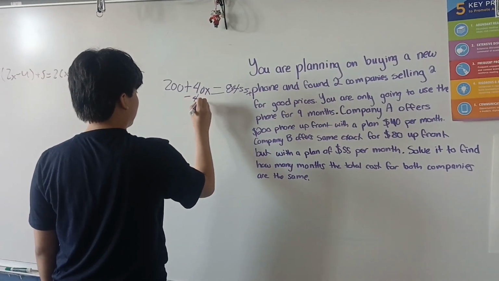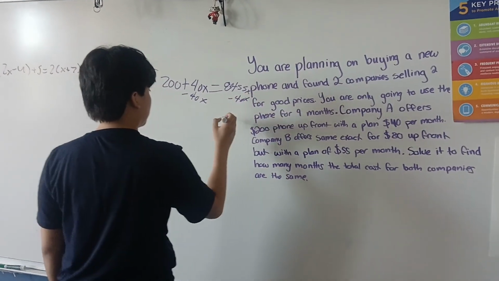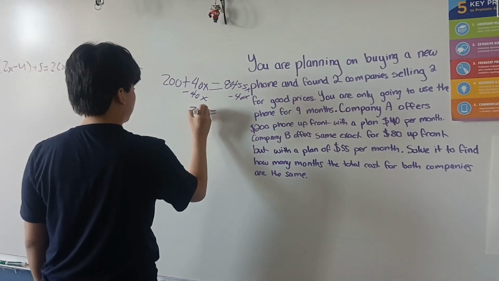Minus 40x, minus 40x, equals 280 plus 15x.